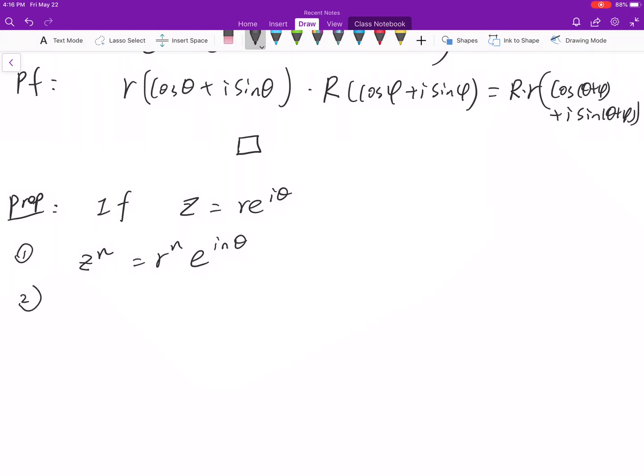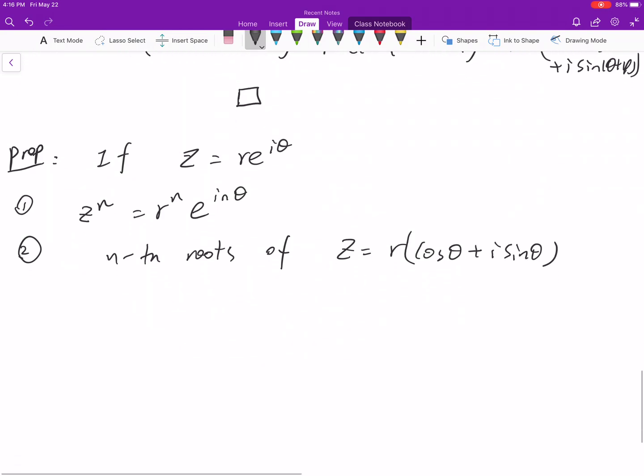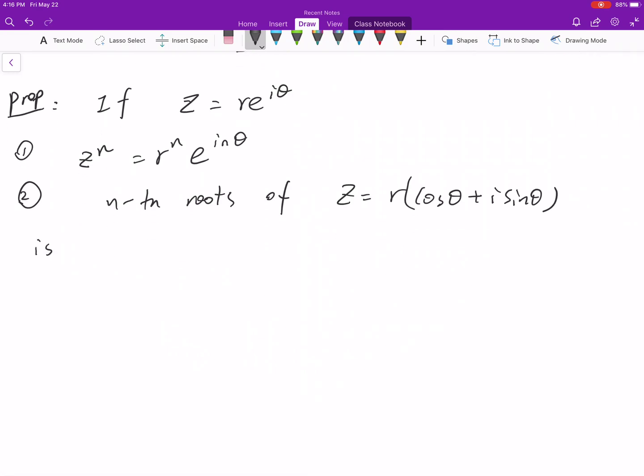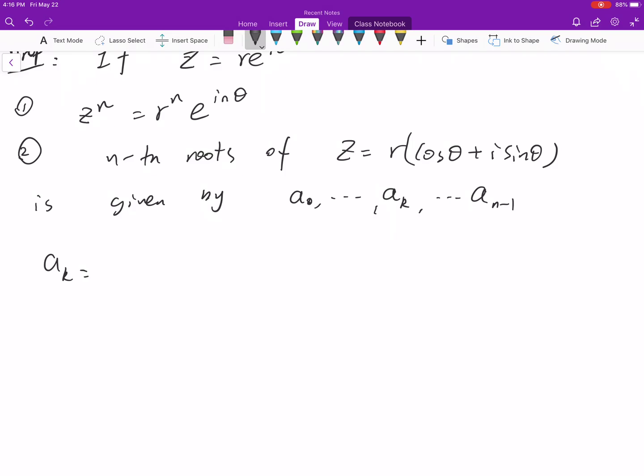And secondly, the nth roots of z are given by a0, a1, all the way to a_{n-1}, where a_k is, you take the nth root of the magnitude r, and then for the angle you need to divide by n.